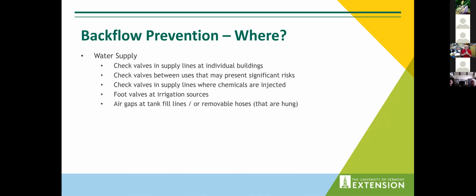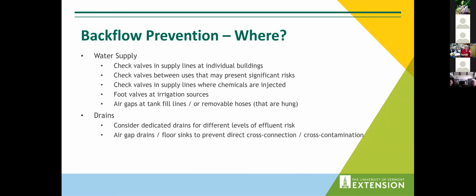And you can use air gaps. In your case, it would be for pesticides, probably would be the place. As far as drains, consider dedicated drains for different risks, which probably doesn't happen in most cases, and that's understandable. But make sure there aren't any cross connections where things can be drawn back into your water source.